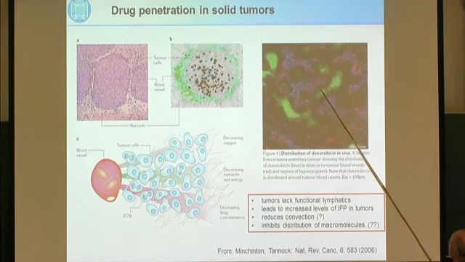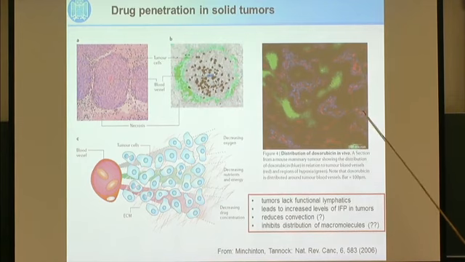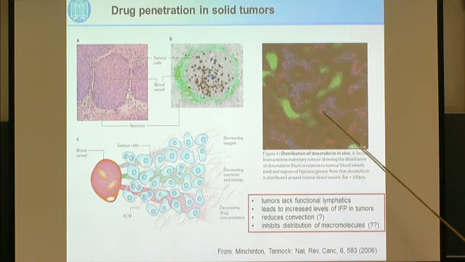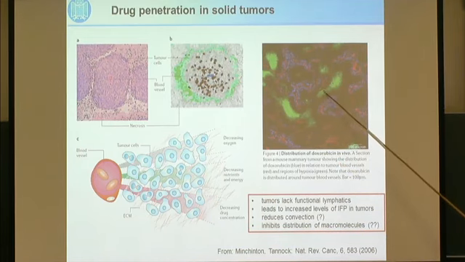This is a picture of doxorubicin, which is a pretty common anti-cancer drug. The red is vessels, blue is the concentration of doxorubicin, and here are the hypoxic regions, which have not been reached.